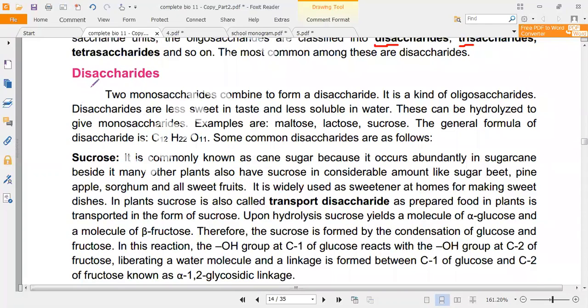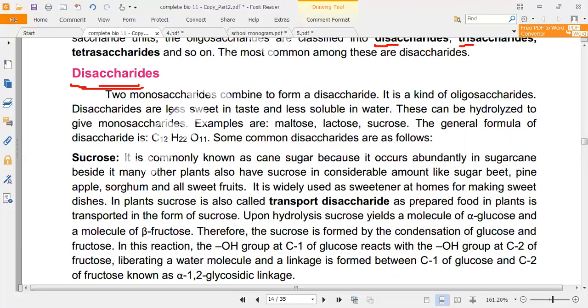The most common are disaccharides. Di means two, and saccharides means carbohydrates. So when two monosaccharide units come closer by condensation, or removal of water, disaccharides are formed.